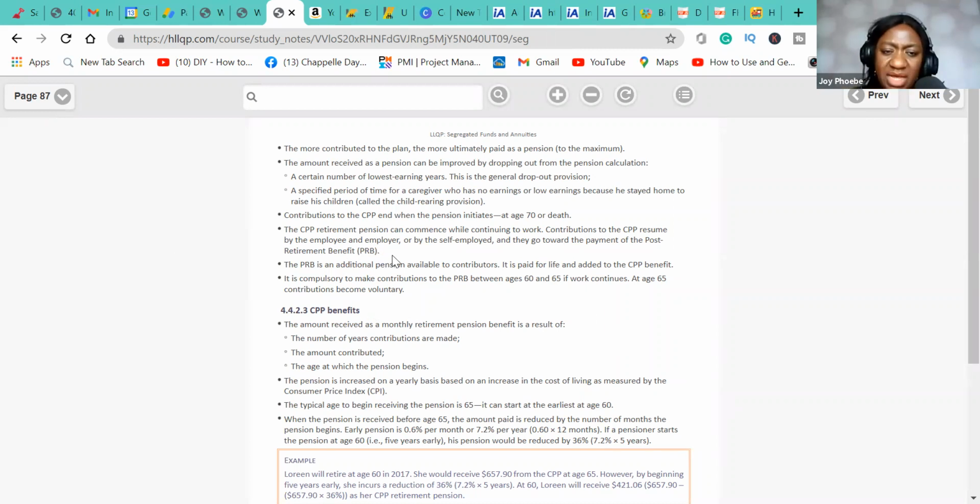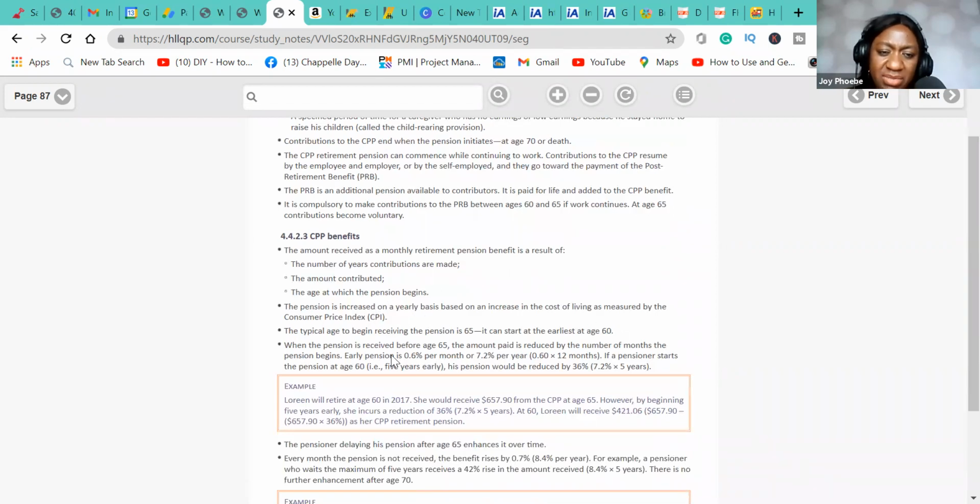Contributions are made by the employee and employer, or by the self-employed, and they go towards the payment of the post-retirement benefit. What are CPP benefits? The amount received as a monthly retirement pension benefit is a result of the number of years contributions are made.